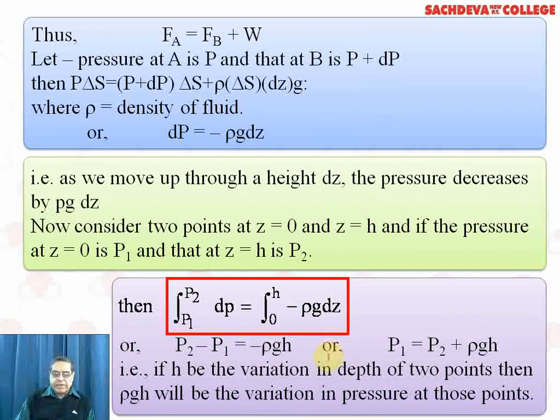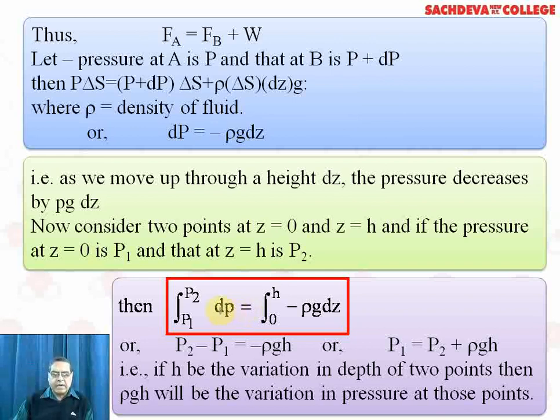When we integrate dP from the limits P1 to P2, we will write integration of 1 dP, and integration of 1 dP will be P. So we have integrated the function dP, that is 1 dP, which is equal to P. Then we have put the limits.